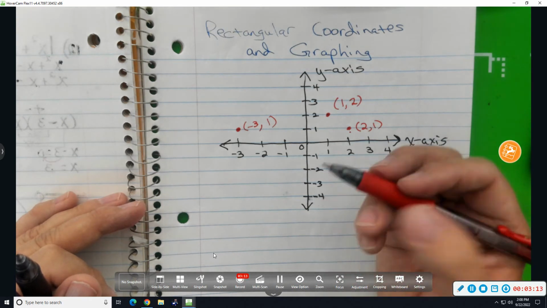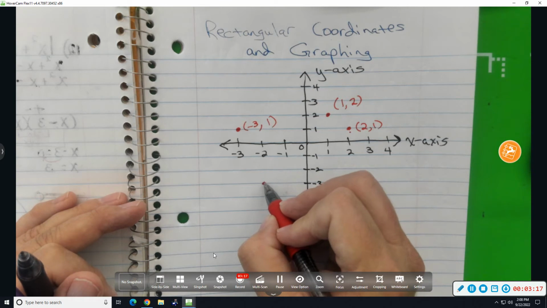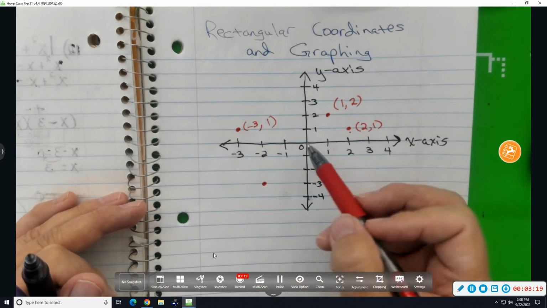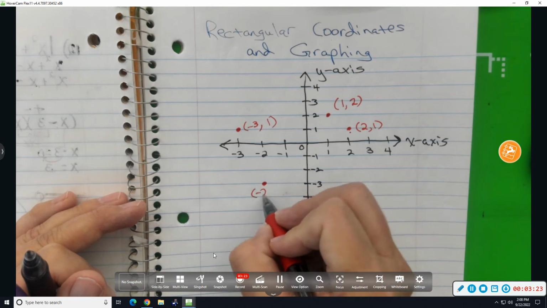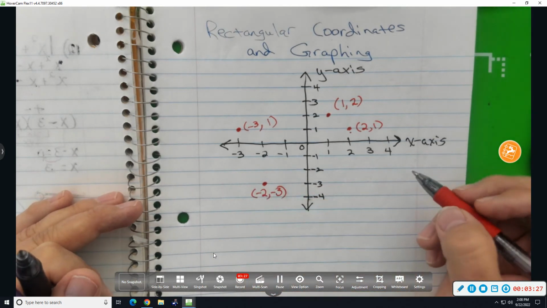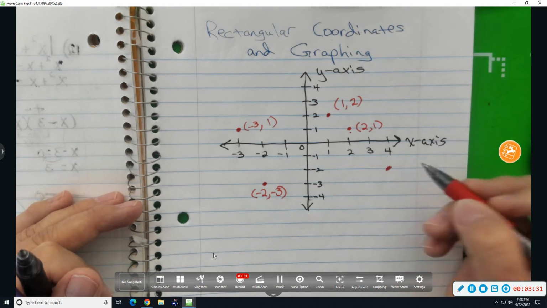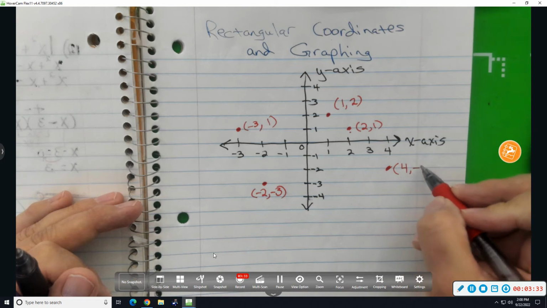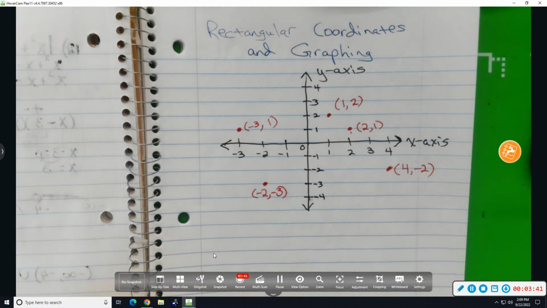What about right here? Negative 2, negative 3. So we go left 2 and down 3. And here? 4, negative 2. X is always first, because the order does matter.